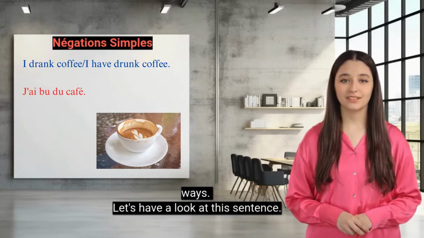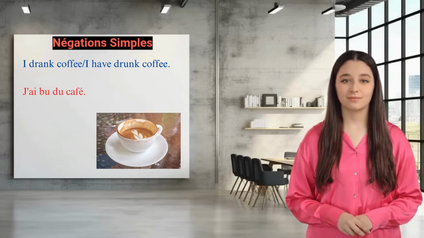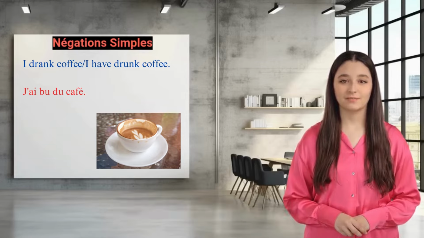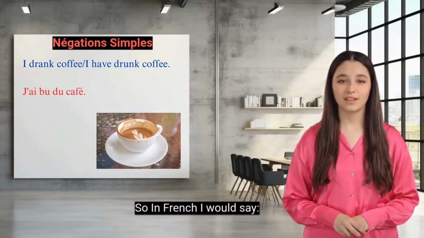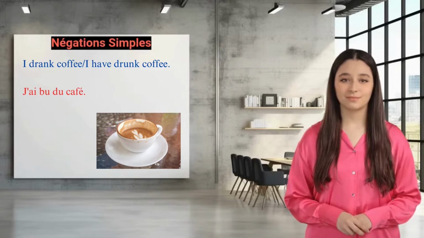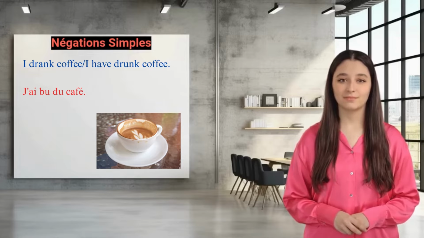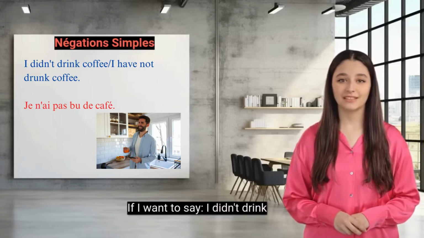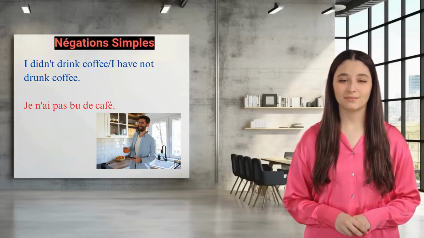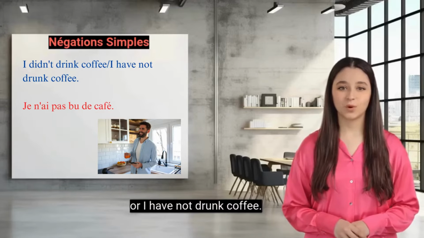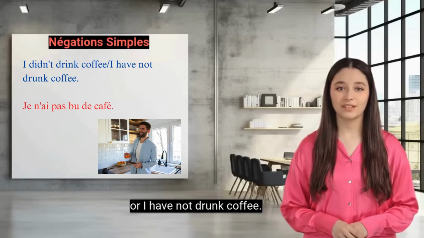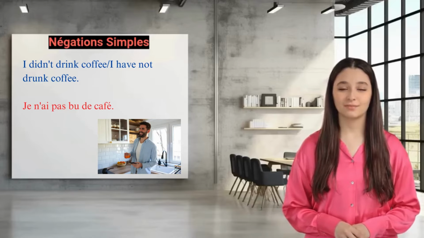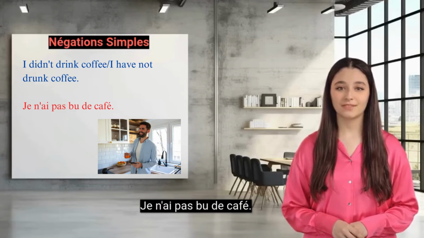Let's have a look at this sentence. I drank coffee, or I have drunk coffee. So in French I would say, j'ai bu du café. If I want to say, I didn't drink any coffee, or I have not drunk coffee, in French I would say, je n'ai pas bu de café.